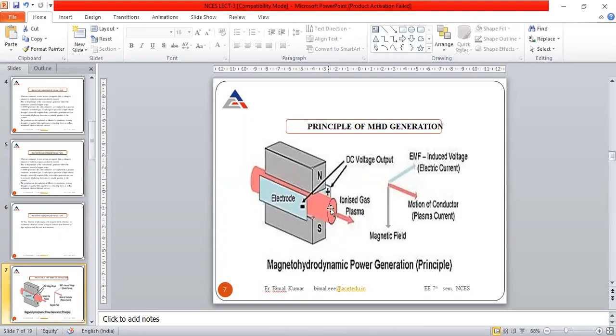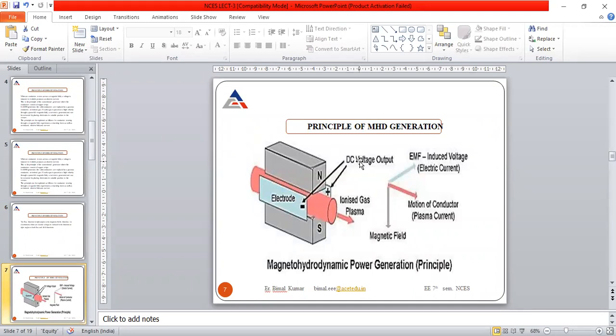This pink shade gives you the place through which the ionized gas plasma will be passed, and here will be the electrodes. We had already stated that electrodes will be placed at a suitable position. This is the negative electrode, this is the positive electrode, across which we are collecting the DC output voltage, right?